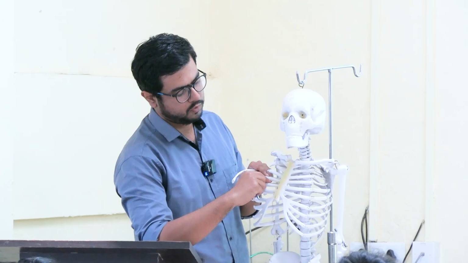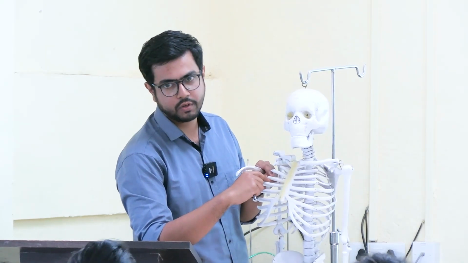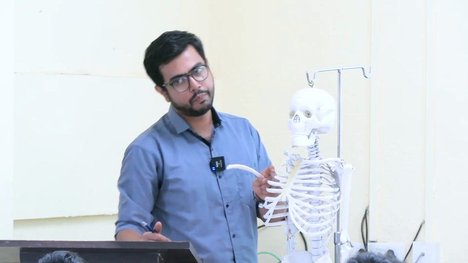So the lower border is giving origin to the external intercostal. I am telling you, suppose this is the rib and this is the lower sharp border of the shaft of a typical rib. The muscle originates from here and gets inserted in the lower rib, in the outer lip.